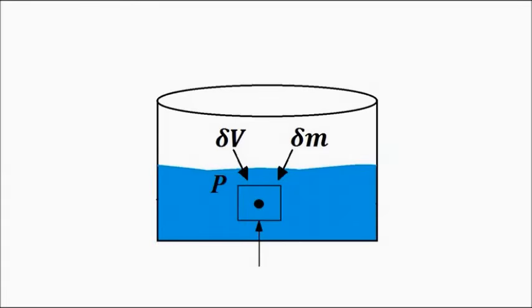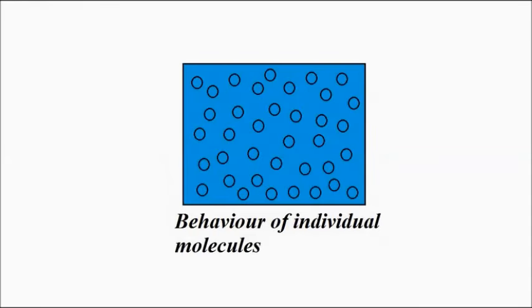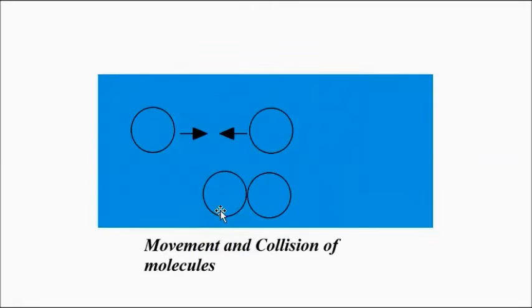because of rapid molecular movement, molecules moving in and out of the system, and collisions, the density delta m by delta v will fluctuate. Molecules are rapidly moving in and out of the system, so the mass will keep on changing. It is not uniform for that small volume.